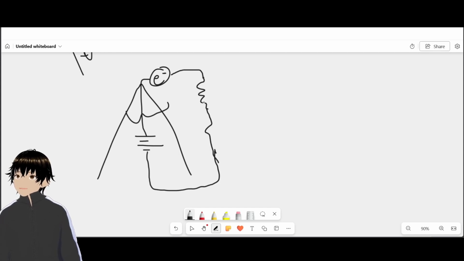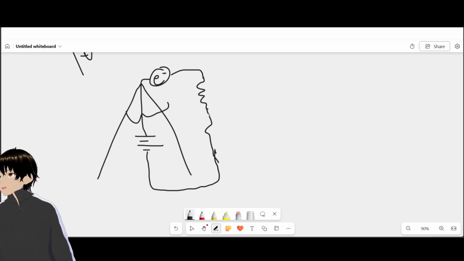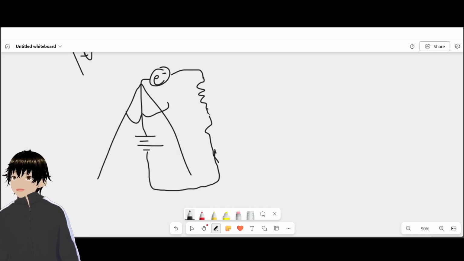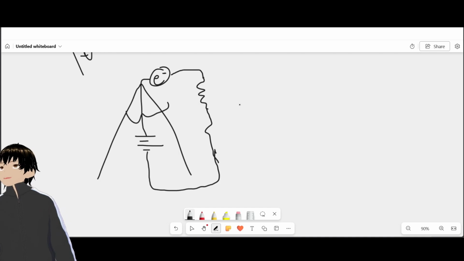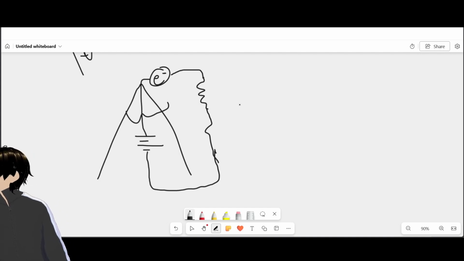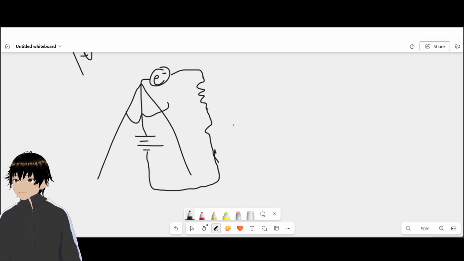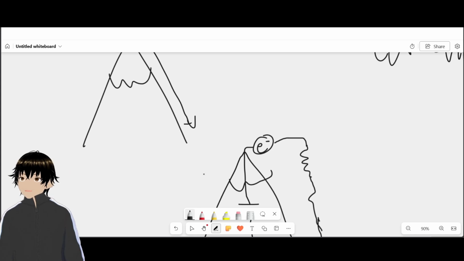These little squiggly lines that you see here, from my own understanding, are sort of like obstacles that the ball has to go through before it goes down.